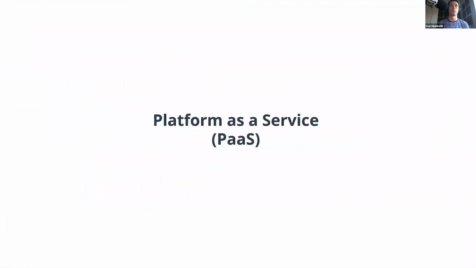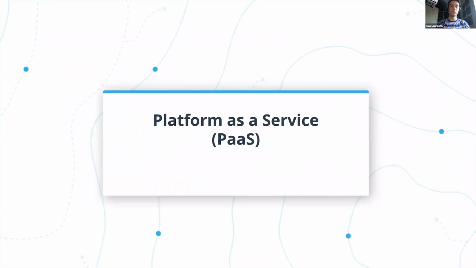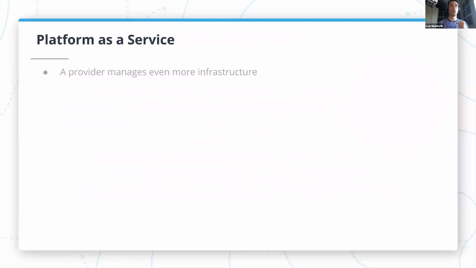Now when we've covered containers as a service, we can talk about another more high-level option, which is called platform as a service. So platform as a service is an option where the cloud provider manages even more infrastructure. So if we use platform as a service, what we need to do is we just need to upload our application to a cloud provider.